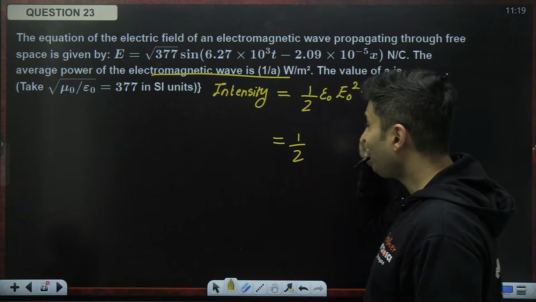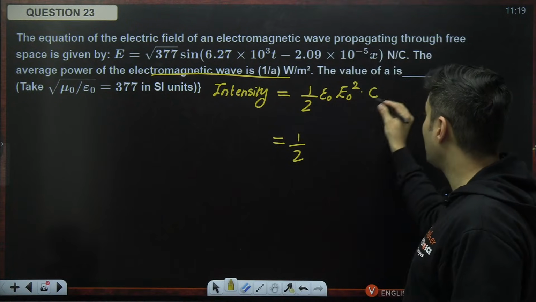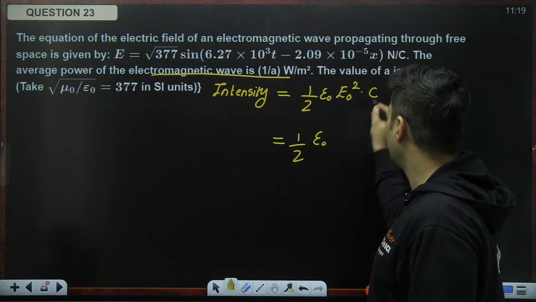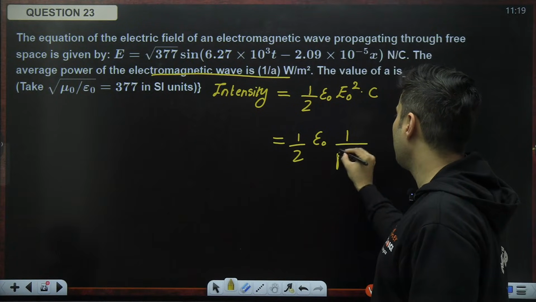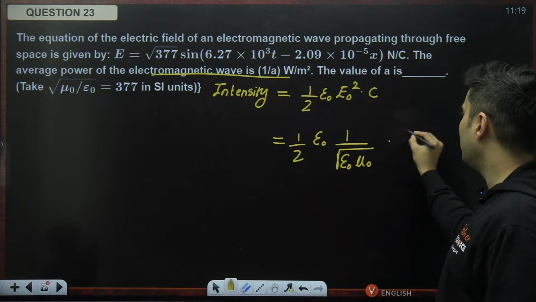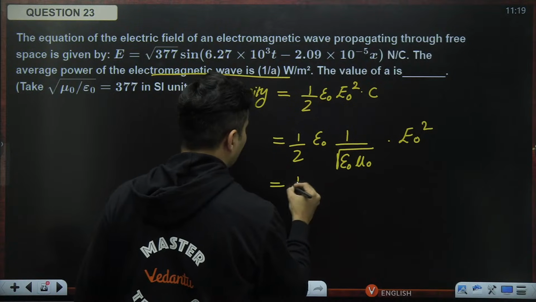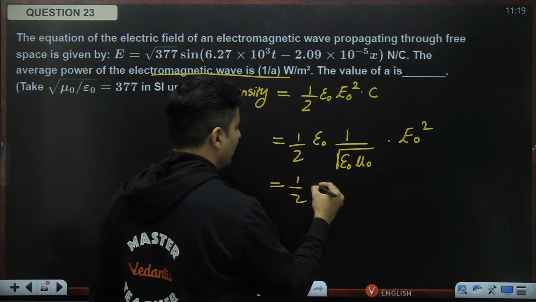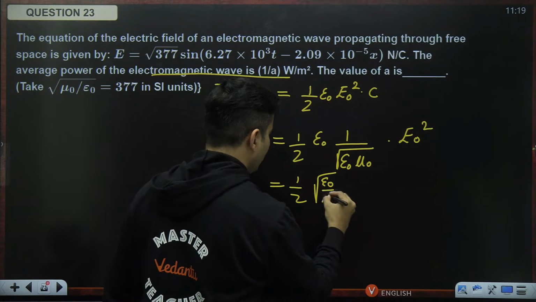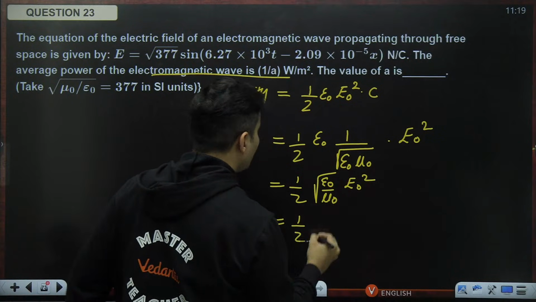So they have given root of mu naught by epsilon naught. Why they gave it is because you can put speed of light as 1 by root of epsilon naught mu naught over here, and this is electric field amplitude square. So if you cancel it, epsilon will cancel. You will have epsilon naught by mu naught into electric field square, and now you can solve it.